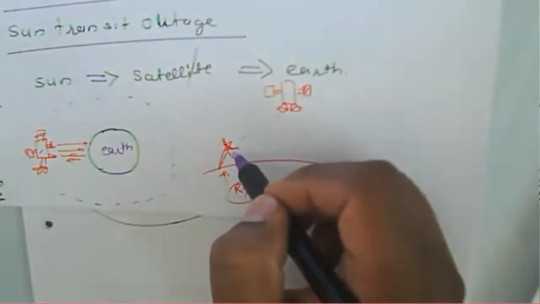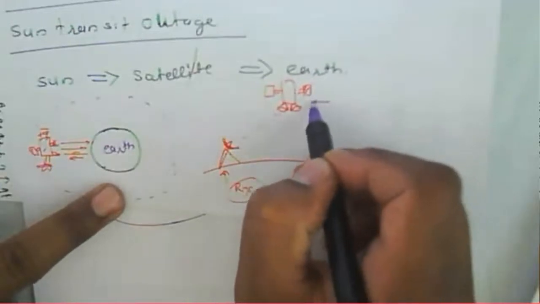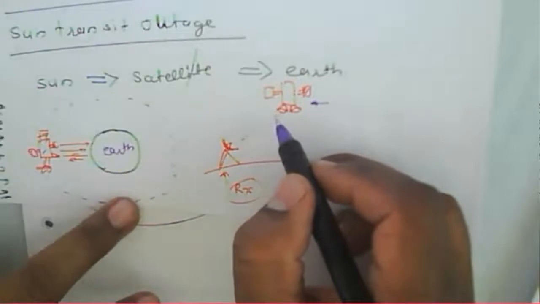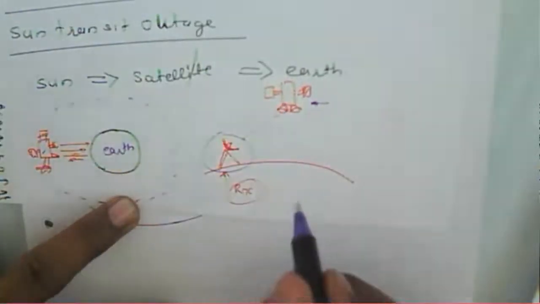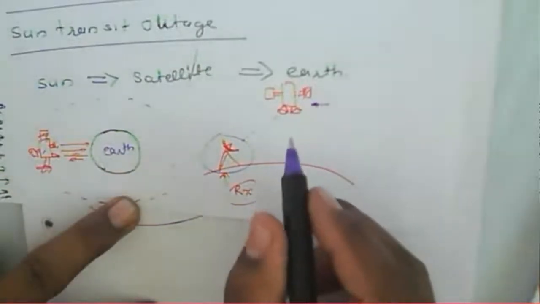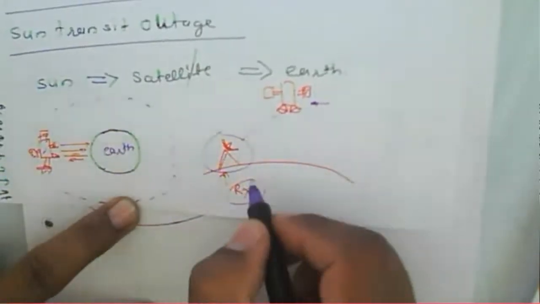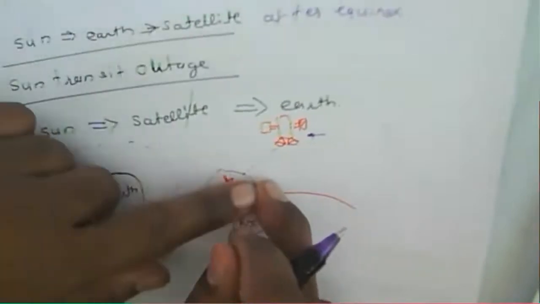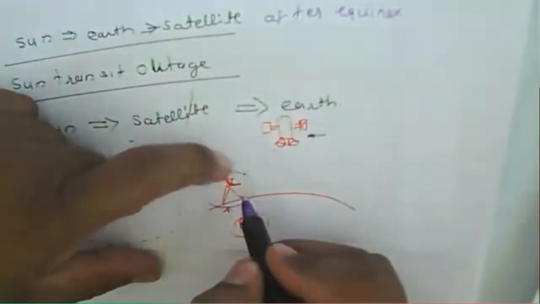But if disturbances occur, we need to change the position of the Earth station or the position of the satellite. But what happens if that satellite is geostationary? We could not change the position of our station. Our stations are fixed. Likewise, you have a dish TV at home. That dish TV is nothing but an Earth station. We will not change the position of the dish TV every year. So this one is fixed.